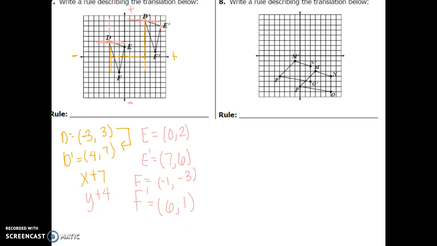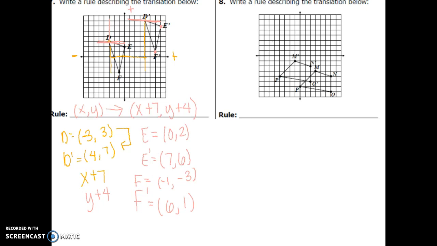So F prime should be at 6, 1. Start off here, 1, 2, 3, 4, 5, 6, go up 1. That is exactly where F prime is. So here I can be sure that the rule is correct. We have x and y coordinates, we transform those, and our rule was x plus 7, y plus 4.